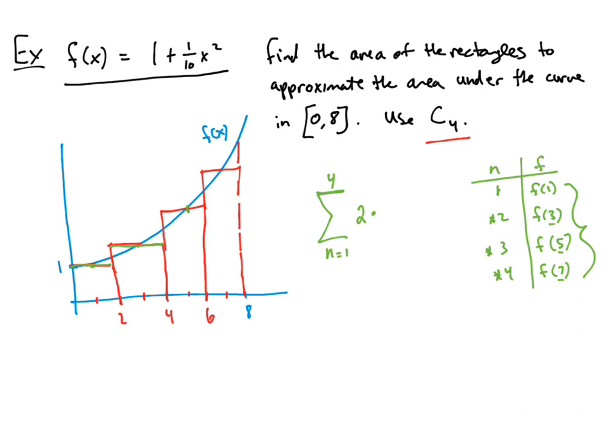So we could say this is f of 2n minus 1, and that'll give us the height of each of these rectangles. Okay, so this is a Riemann sum that is representing the sum of each of these rectangles.